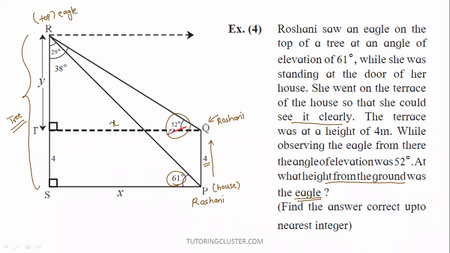This angle is 52 degrees, this angle is 90 degrees. What will this angle be? 38 degrees. The sum of all the angles of a triangle is 180 degrees. So 52 plus 90 plus x is equal to 180. So you can find x, and it is going to be 38 degrees.